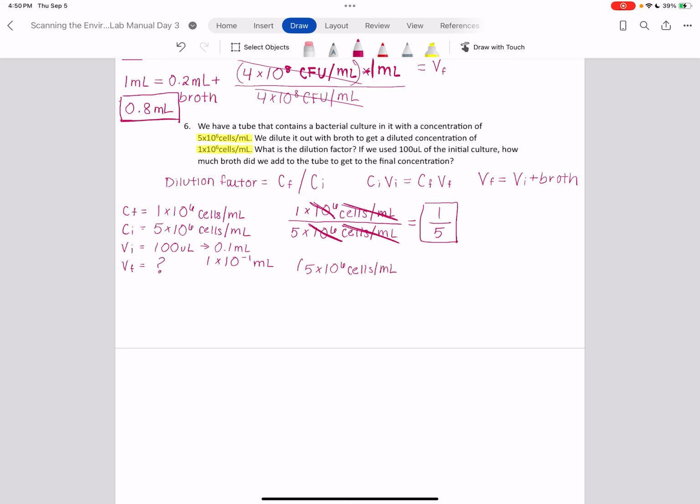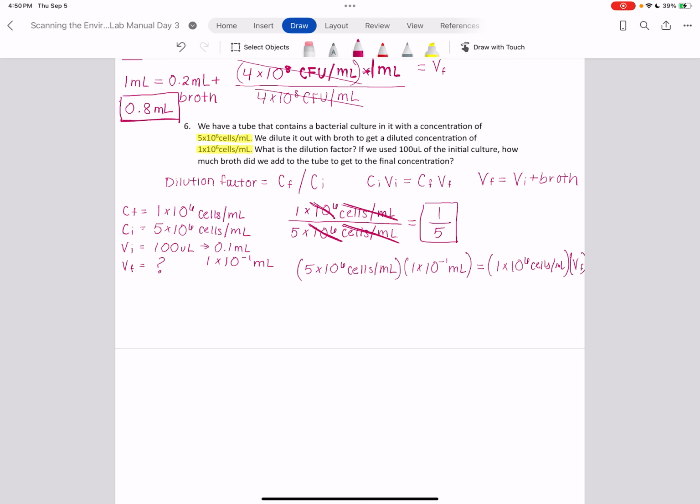This is going to be multiplied by 1 times 10 to the negative first mLs. That is going to be equal to 1 times 10 to the 6th. I'm running out of space a little bit, but I'll try to squeeze it in, and our final variable is going to be our final volume.